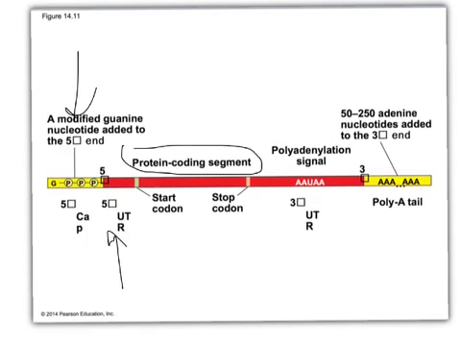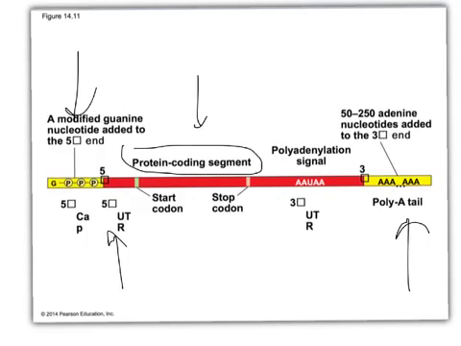And then this is really the important part, your protein coding sequence. Here's your poly A tail, which could be from 50 to 250 adenines that are added, whatever it might be. That's sort of where we want to be.